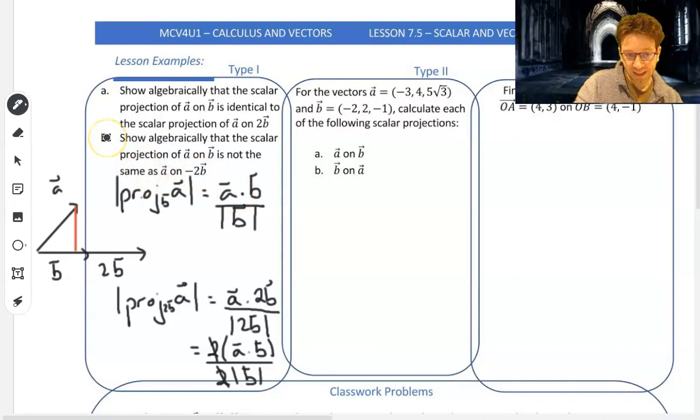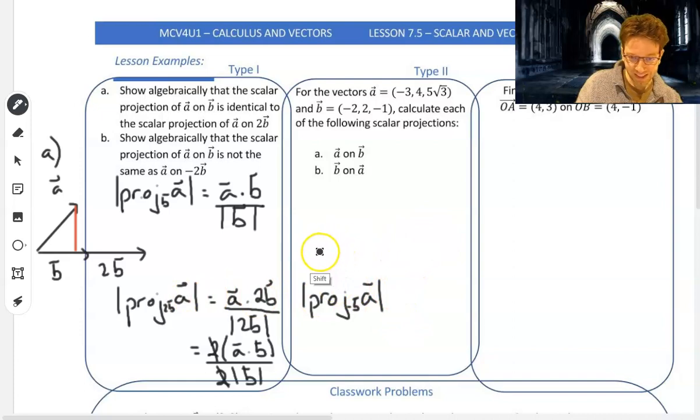Now part B, this is part A. Part B says show algebraically that the scalar product of A on B is not the same as A on negative 2B. Alright, so here is the projection of A on B. I'll just go over to the side here, and let's do the projection of A on negative B. So what does this look like?